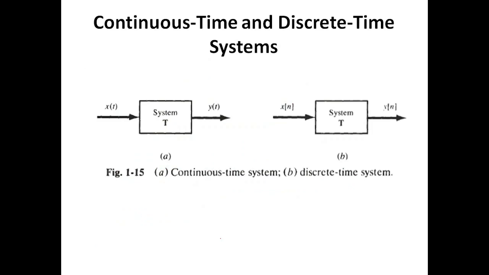Now, continuous time and discrete time systems: what is the difference? Continuous time systems take continuous time signals as input and the output generated is also a continuous time signal. Whereas in discrete time systems, the input is discrete and the output is also discrete.